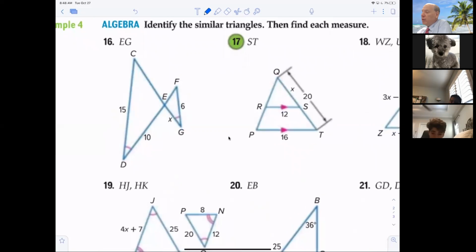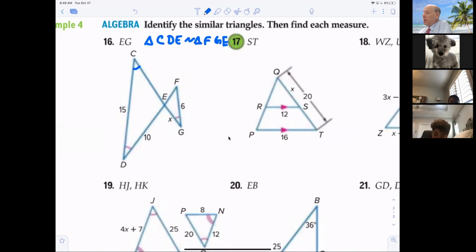So what we're going to do is the one on the left, which we're going to say triangle CDE is similar to triangle. Now C corresponds to what? F. D corresponds to, and E corresponds to E, yes.